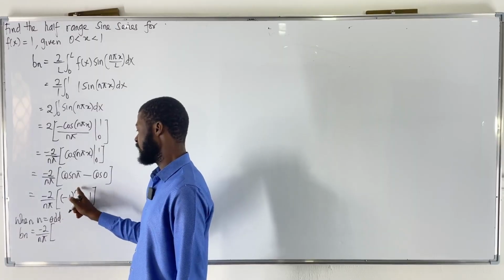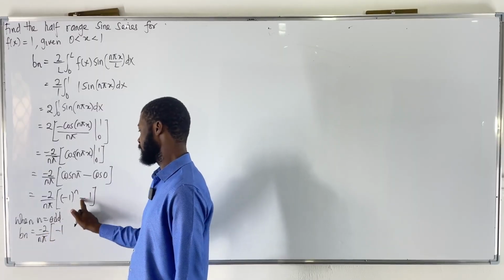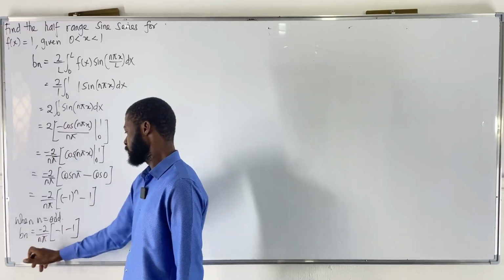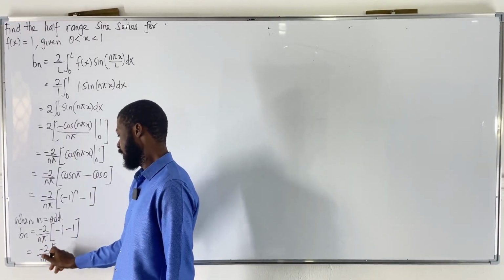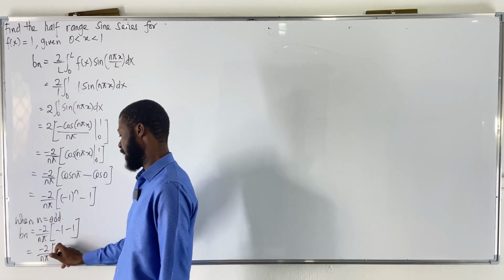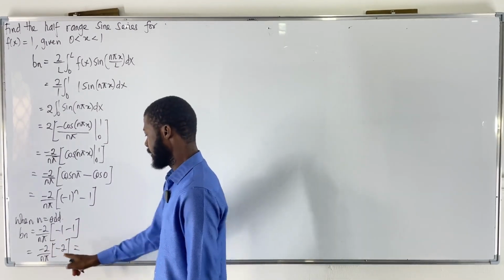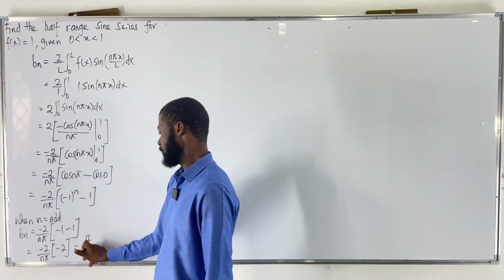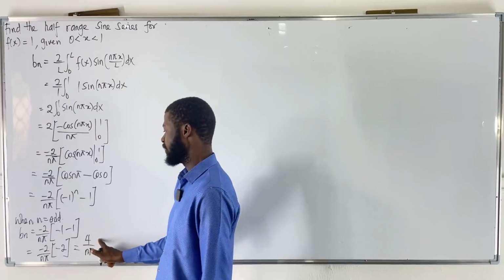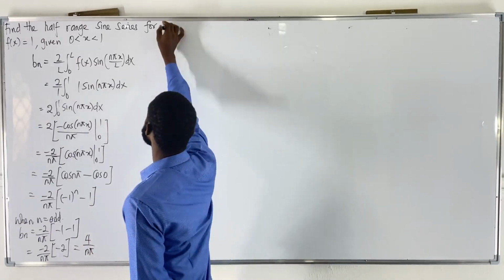So minus 1 to the power of 1 is what? Minus 1. And then you have your minus 1. So this will be minus 2 over n pi into minus 2. So together, minus 2 times minus 2 will give us 4. So this will be 4 over n pi. So this is your b sub n when n is odd.